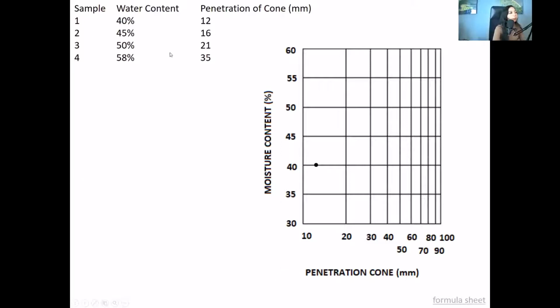Sample number 2, 45%, 16 mm. So, somewhere here. And then 50% at 21 mm penetration. So, probably here. And then 58%, 35 mm penetration. So, somewhere here.